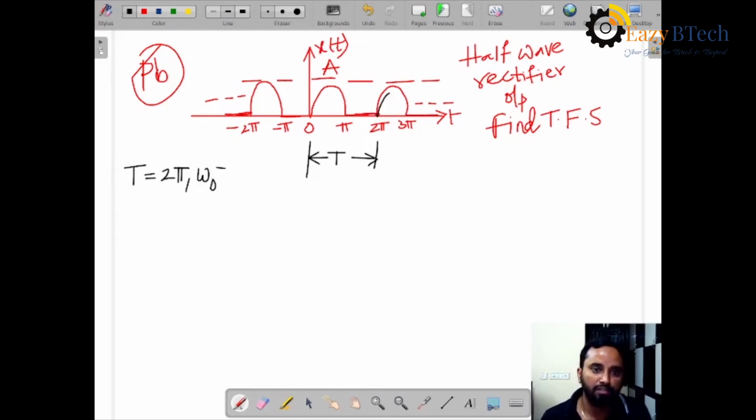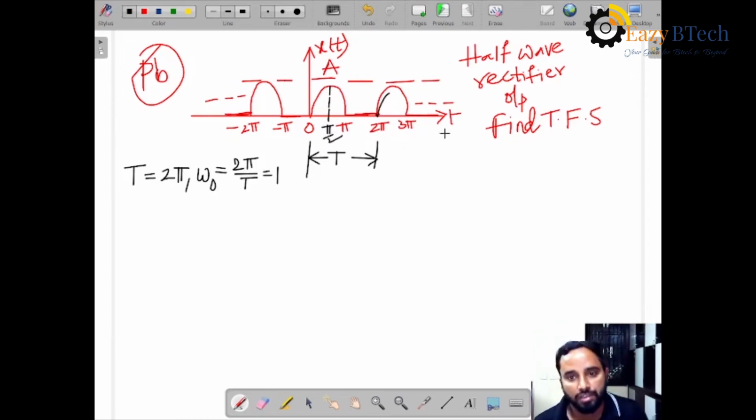Then the fundamental frequency is 2 pi by T, so 2 pi by 2 pi is 1. And we have to write the x of t expression from 0 to 2 pi. So how to write the x of t expression? Here pi by 2.